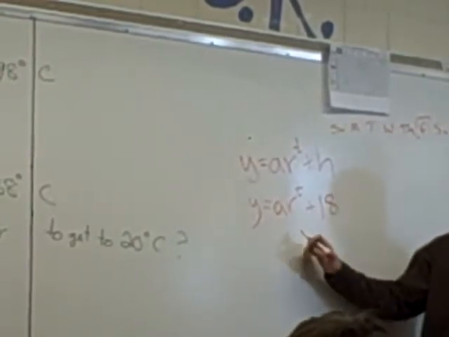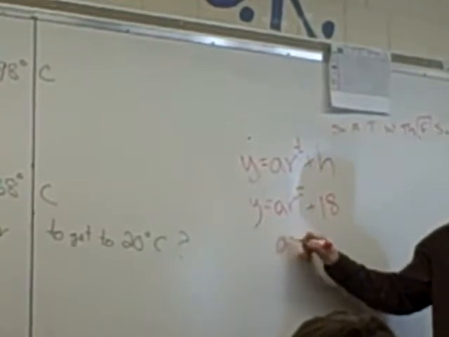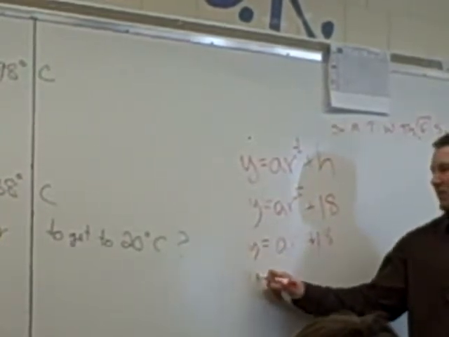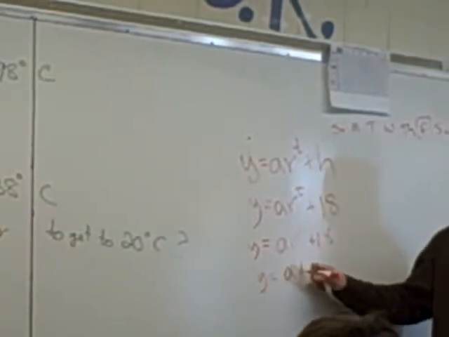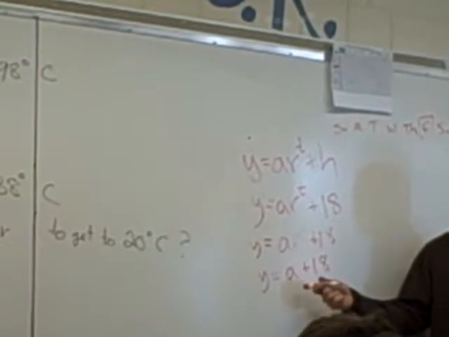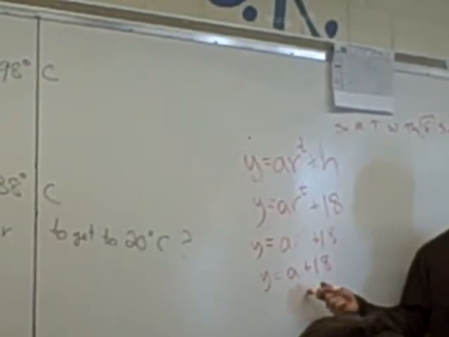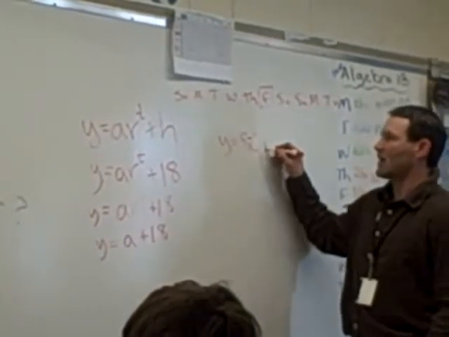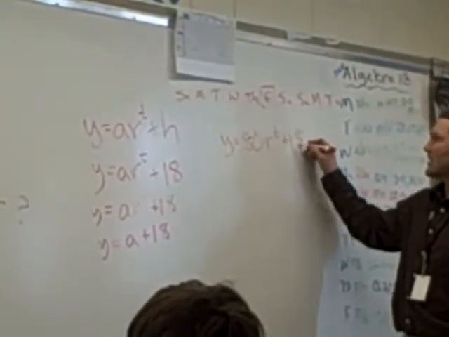Because when T is 0, we have Y equals A plus 18. So my initial amount has to be not 98, but what? 80. 80, very good. So I have Y equals 80 R to the T plus 18.